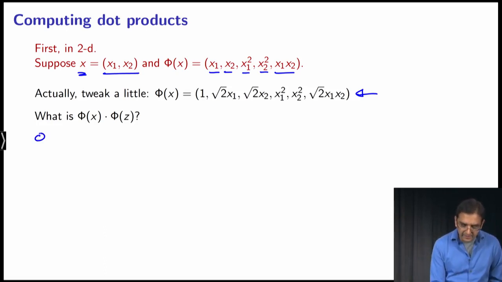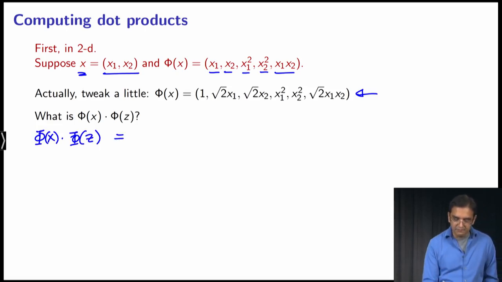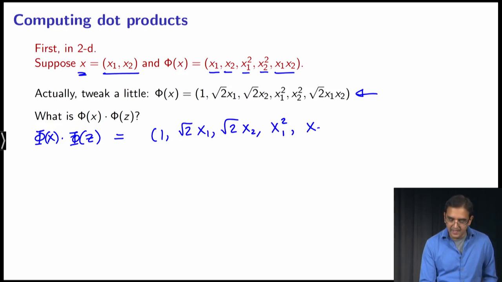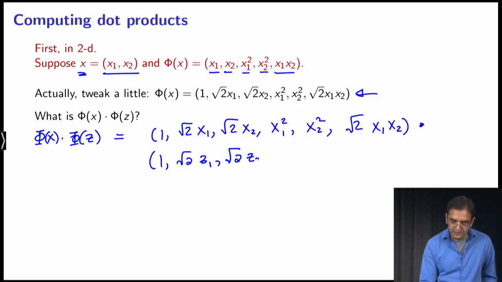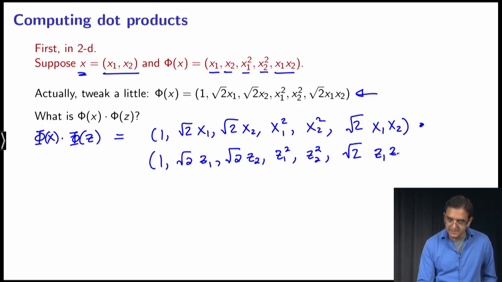What is the dot product phi of x with phi of z? Let's write it out. Phi of x contains 1, square root 2 times x1, square root 2 times x2, x1 squared, x2 squared, and square root 2 x1 x2. And we're going to take the dot product of this with phi of z, which is 1, square root 2 z1, square root 2 z2, z1 squared, z2 squared, and square root 2 z1 z2.